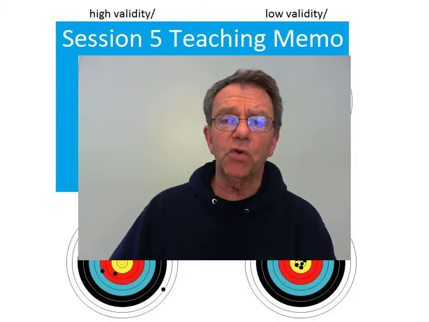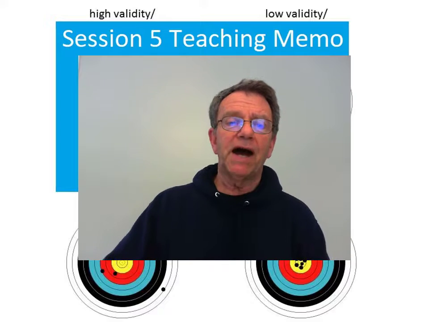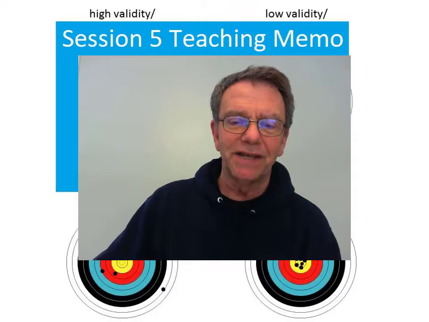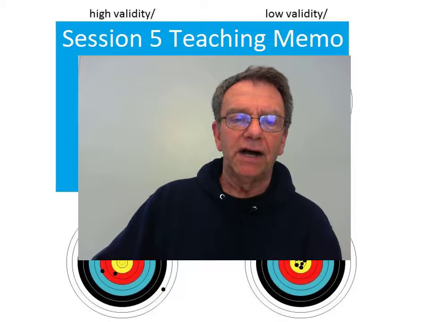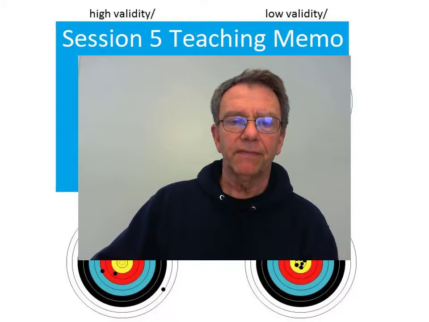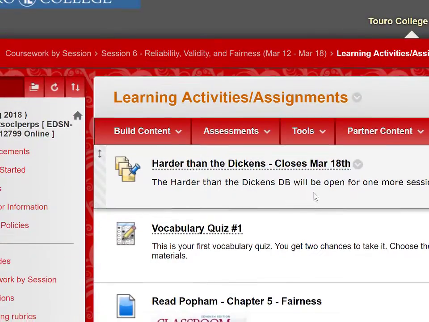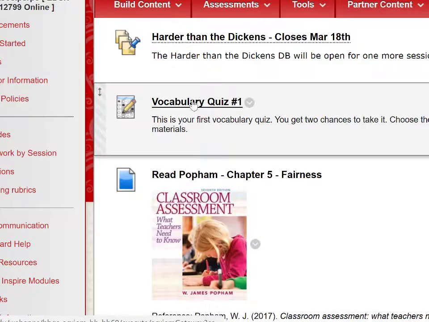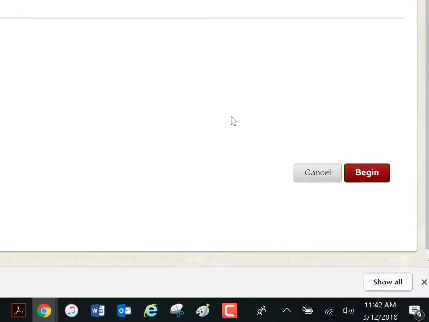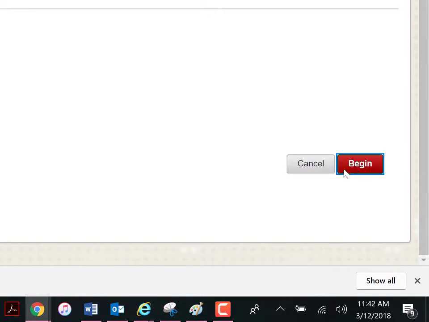I received a couple of inquiries this week about how to take online quizzes, so I'm going to show you. I'm going to scroll down to learning activities and assignments, and you'll see a link, Vocabulary Quiz 1. You just click on it, and then you'll come up with begin, and you can begin to take it.